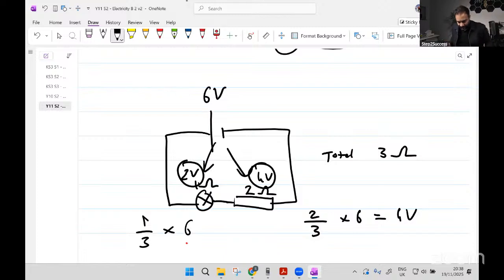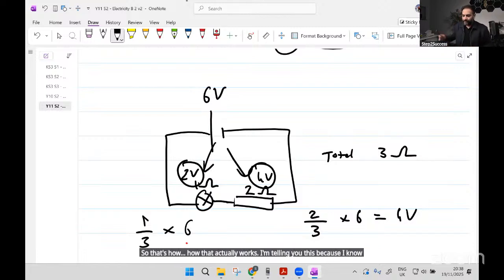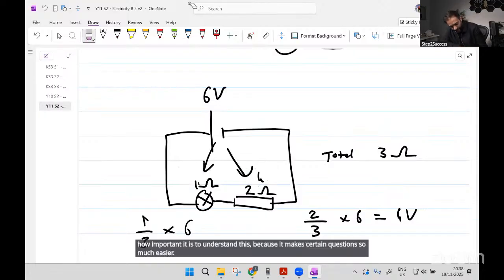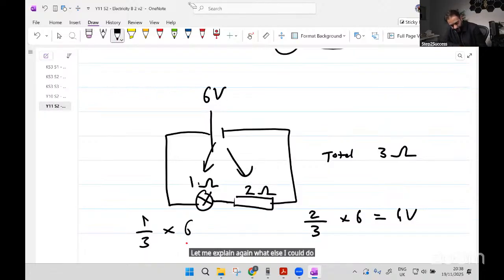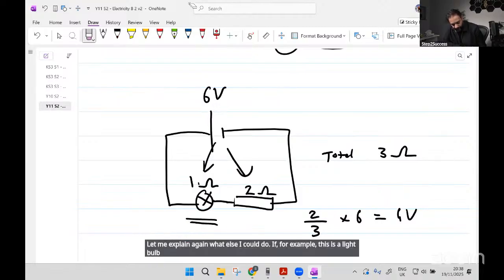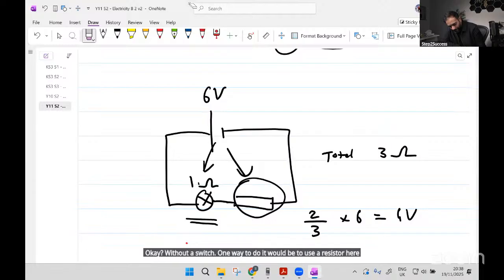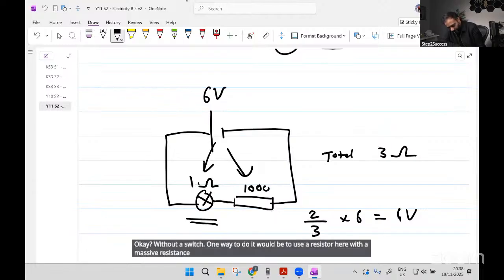So that's how that actually works. I'm telling you this because I know how important it is to understand this, because it makes certain questions so much easier. Let me explain again what else I could do. If, for example, this is a light bulb, and I wanted to turn this light bulb off somehow without a switch, one way to do it would be to use a resistor here with a massive resistance, like 1,000 ohms.